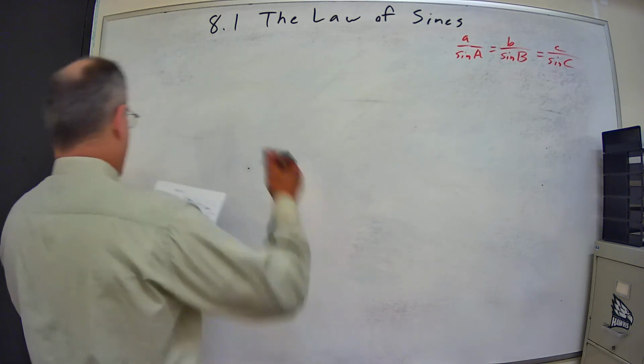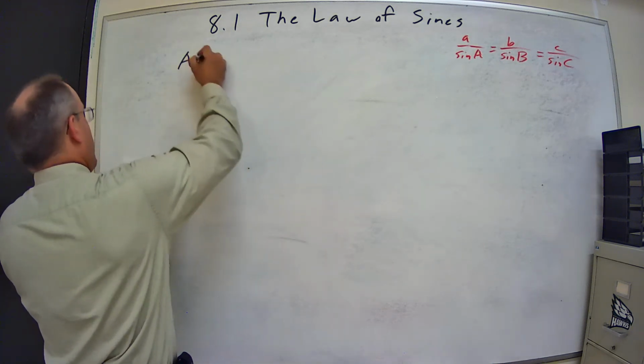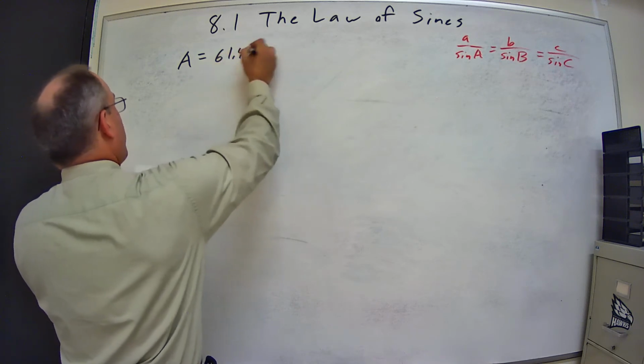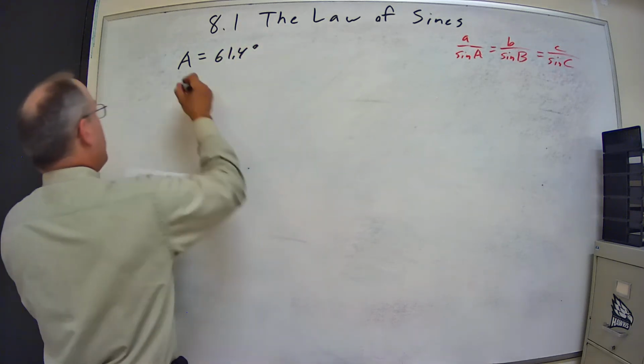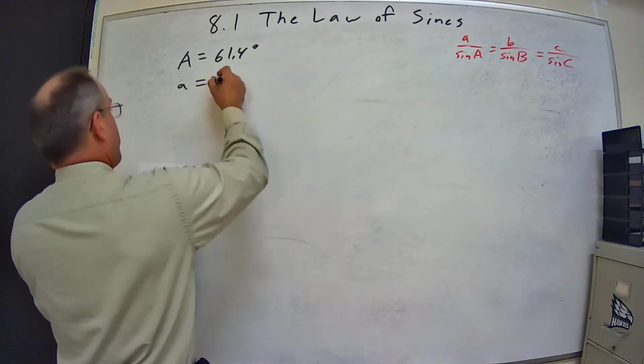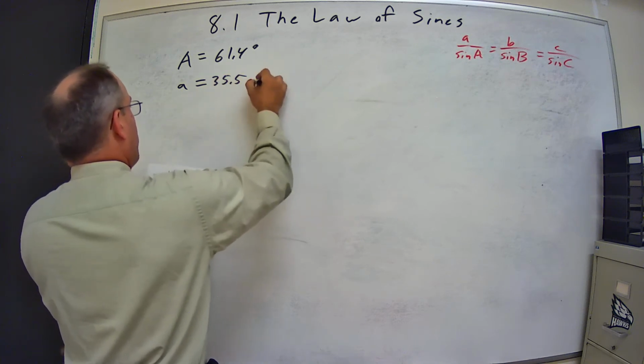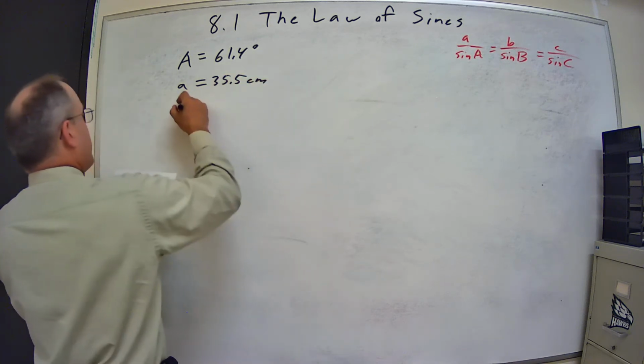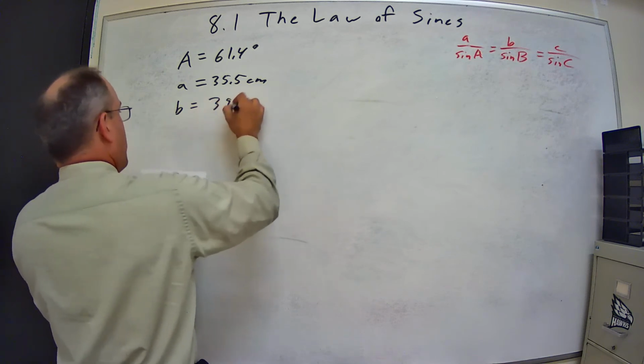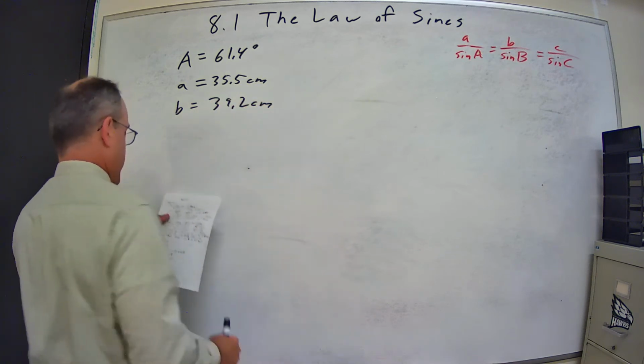So here we go. Angle A is equal to 61.4 degrees. Side A is 35.5 centimeters. Side B is 39.2 centimeters.